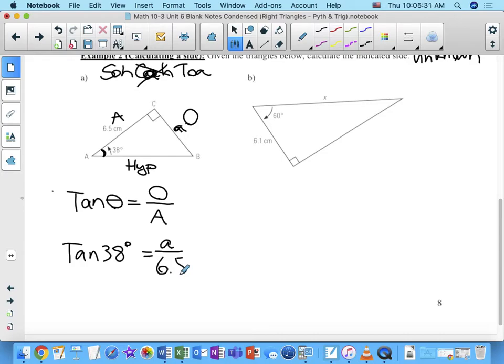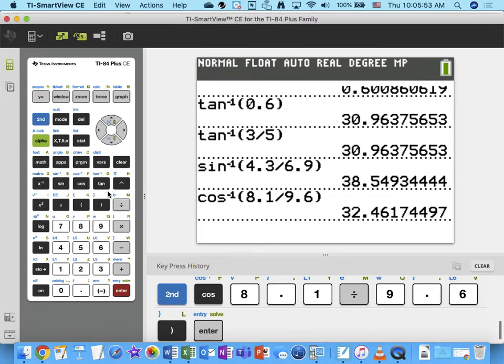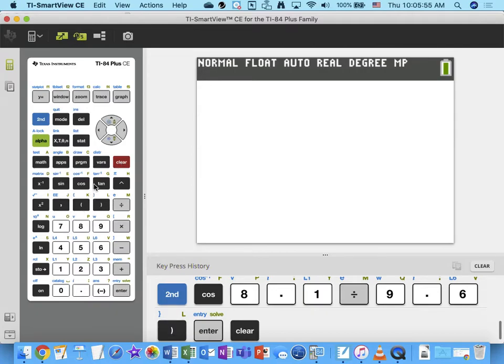Okay, now tan 38, if we enter that into our calculator, it will give us what the ratio should be of the opposite to the adjacent side in this triangle. So what we're going to do next is enter tan 38 into our calculator. Take out your calculator and enter in tan 38.